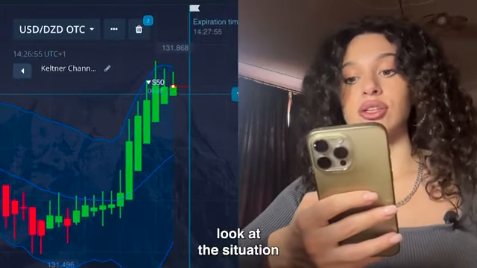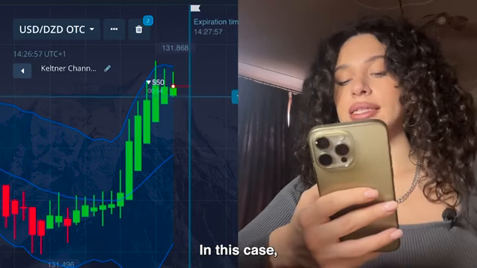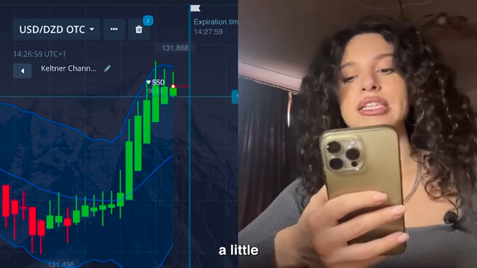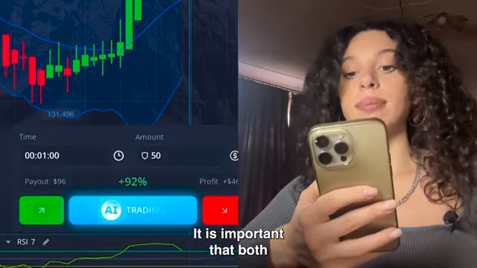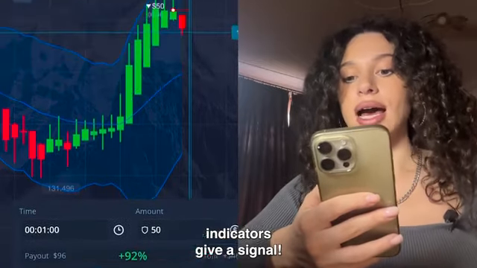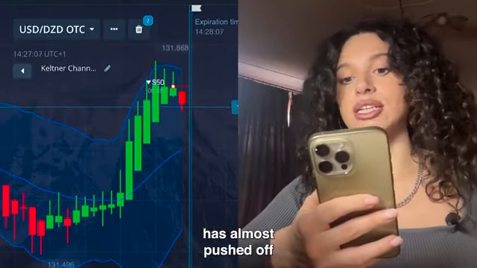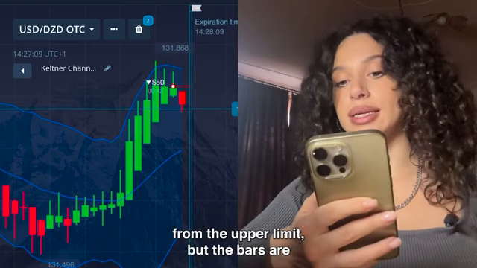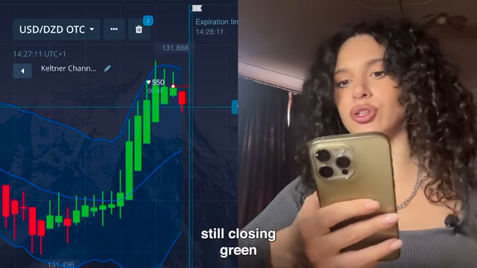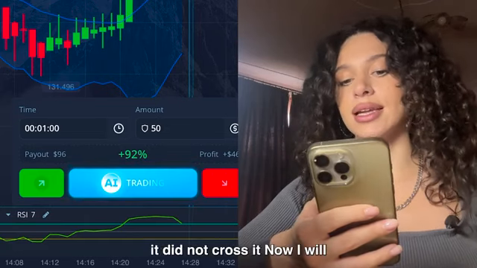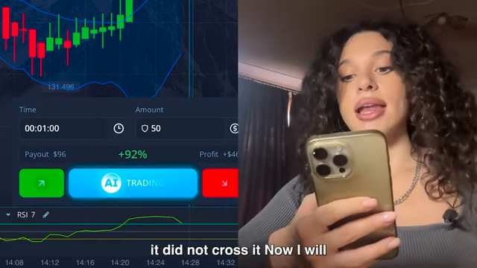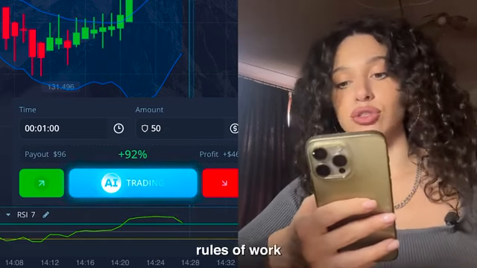Now let's look at the situation in more detail. In this case, I opened a trade a little earlier than I received the indicator signals. It's important that both indicators give a signal. I see that the price chart has almost pushed off from the upper limit, but the bars are still green. In addition, the RSI indicator line is still above the 70 level. It didn't cross it. Now I'll formulate the basic rules of work.